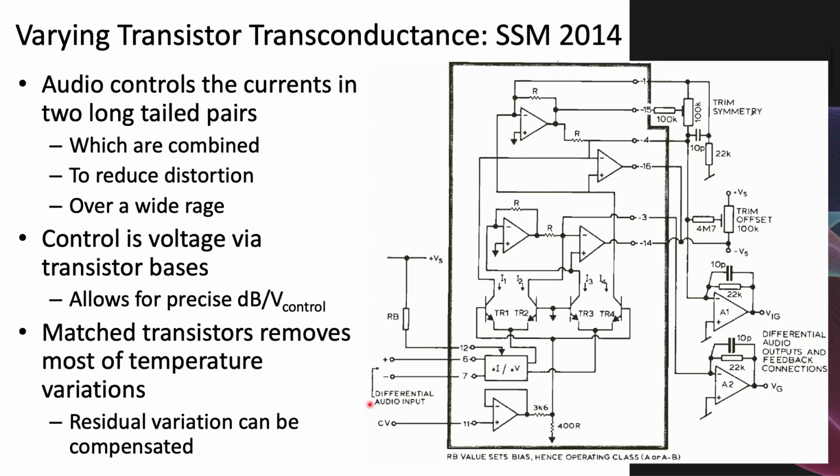And matched transistors removed most of the temperature variation, and a clever cross-coupling cancellation technique gave you low distortion over a wide range of gains for reasonable signal levels.